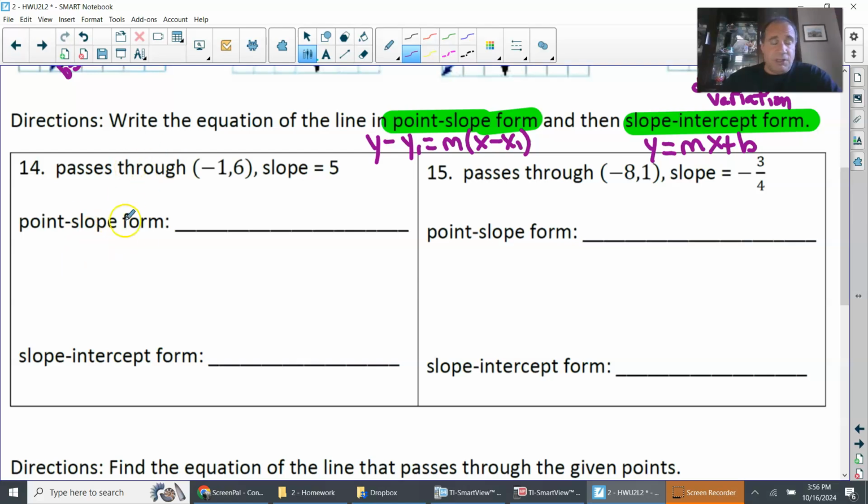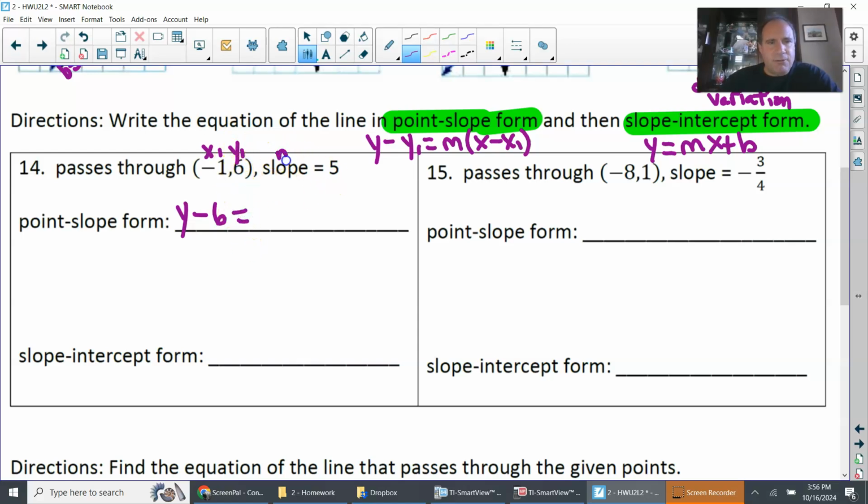So, to convert this into point-slope form, anytime you see a coordinate, you label it x1 and y1. So point-slope form, I already wrote it down. This is y minus y1, and y1 is 6. Y stays y. You labeled it. There it is, 6. Equals m.